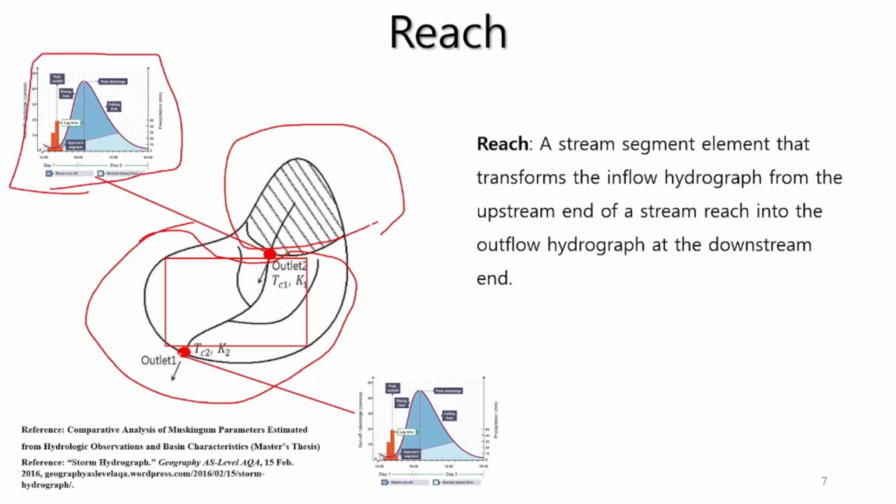And at the outlet of this lower subbasin, we have another discharge hydrograph. So we have the inflow hydrograph at the outlet of this first subbasin, from the upstream, and then we have the outflow hydrograph at the downstream end, right here. So that's what it means.